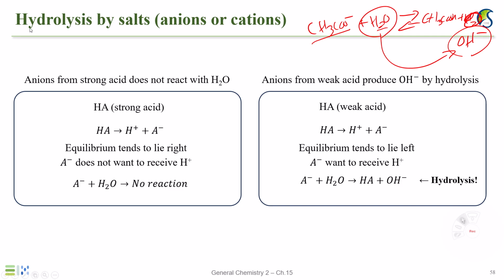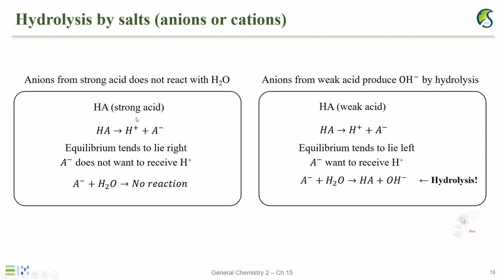And the title is hydrolysis by salts. Salt means some material that can be dissociated into cations and anions. It means that the anions or cations can do some hydrolysis to generate H plus or OH minus. That's what we're going to learn in this chapter.